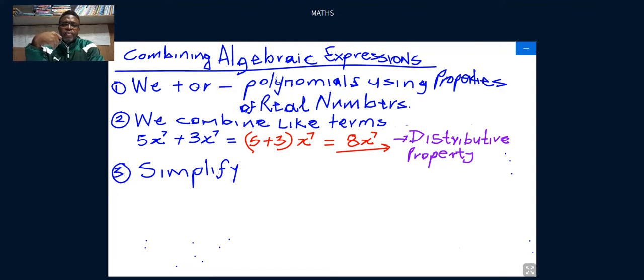Now, I told you that these things will all come back automatically, and you will really find them on expressions.